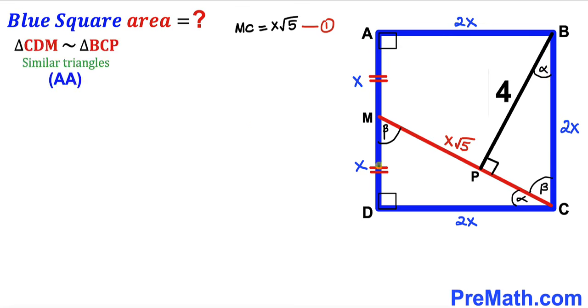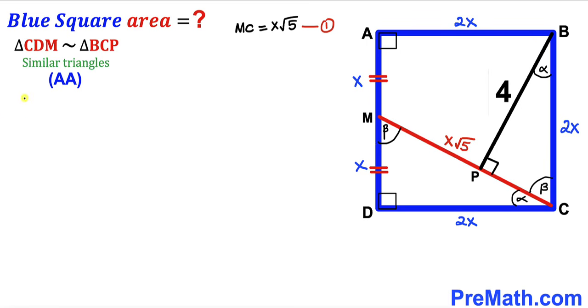So we conclude that this right triangle CDM and this other right triangle BCP are similar triangles according to the angle-angle similarity theorem. Since these two triangles are similar, we are going to have a proportion.